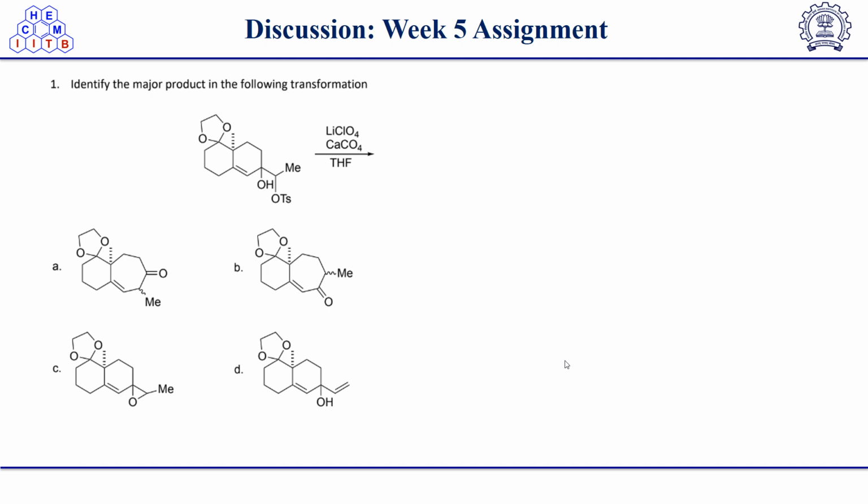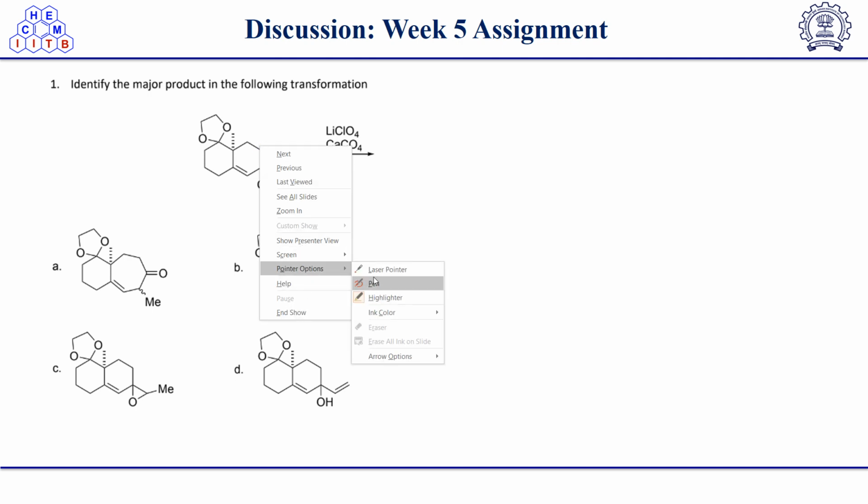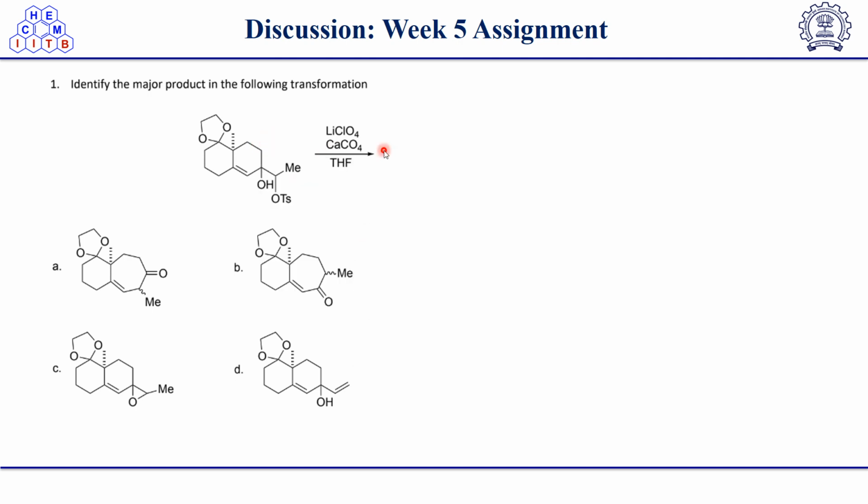So this is the first question. Identify the major product in the following transformation. So this particular compound is treated with lithium perchlorate and calcium carbonate in THF. So which will be the major product in the following transformation out of the four options given here?